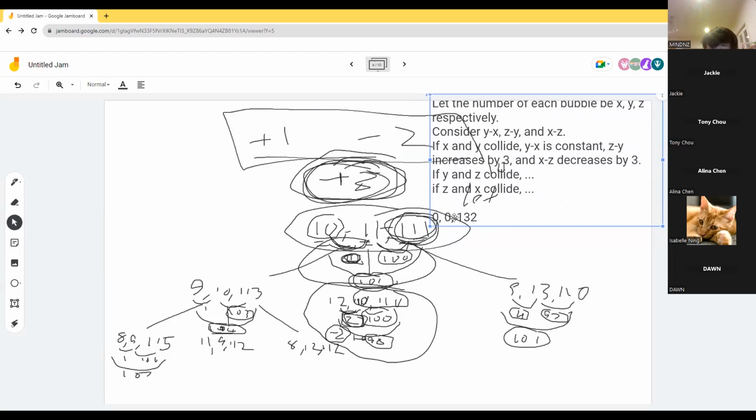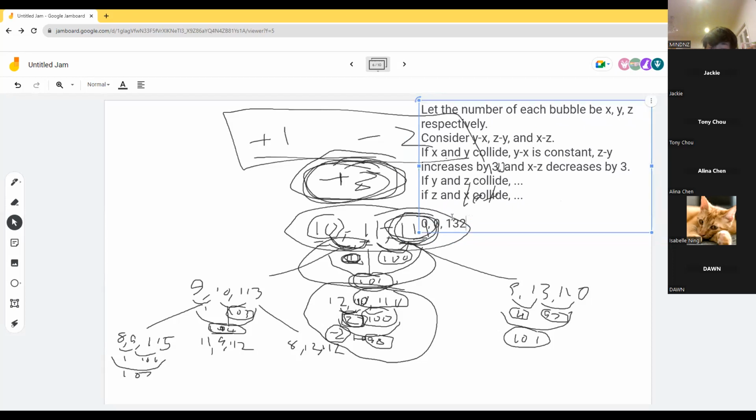However, if we consider a difference, let's say between 0 and 0, the first and second terms, the difference is 0. But at the start, we had 10, 11, and 111. So therefore, the differences are 1, 100, and 101. None of these are multiples of 3, but 0 minus 0 is a multiple of 3. So that's impossible to achieve because all of these differences will only change by multiples of 3. So we'll go on to the next problem.